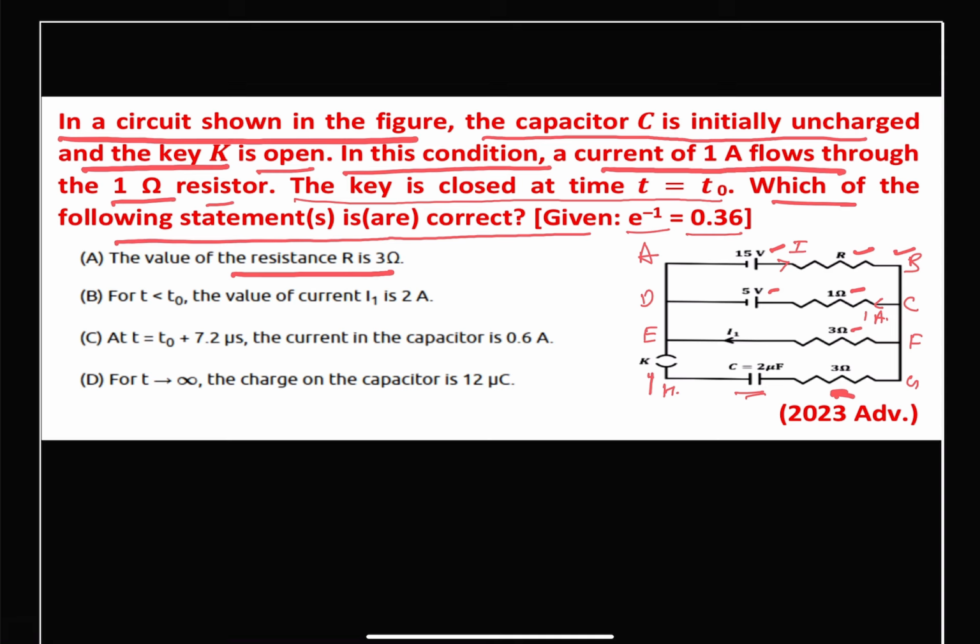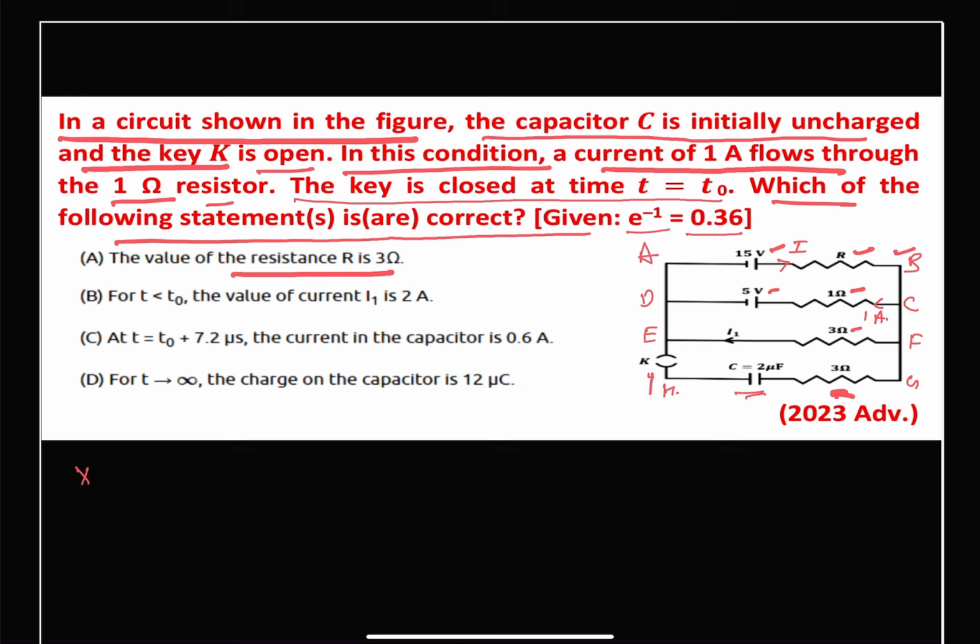So first of all, let's find out the value of resistance R. For that we are going to consider the arm DC.